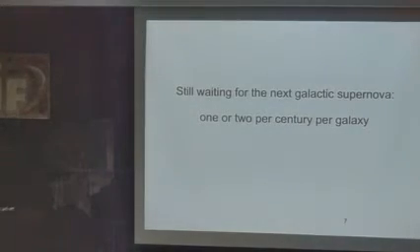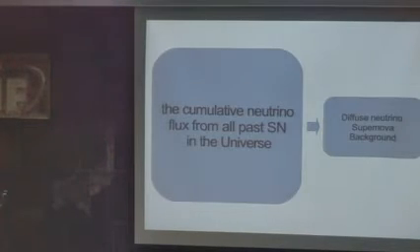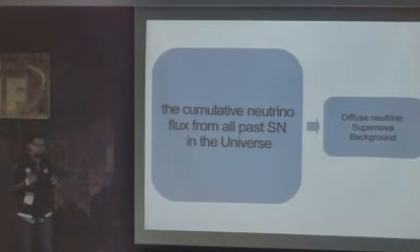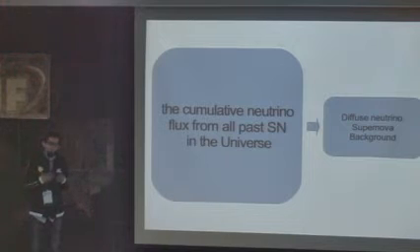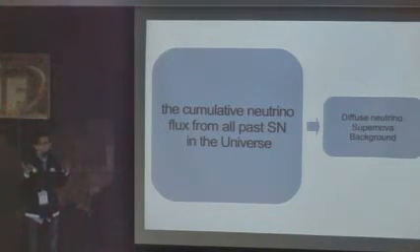We can just wait until the next supernova explodes, or what you can do is imagine that along the history of the whole universe, there have been a lot of supernovae that have exploded.